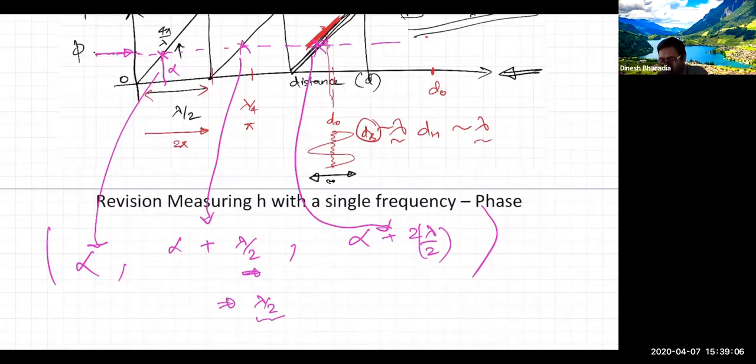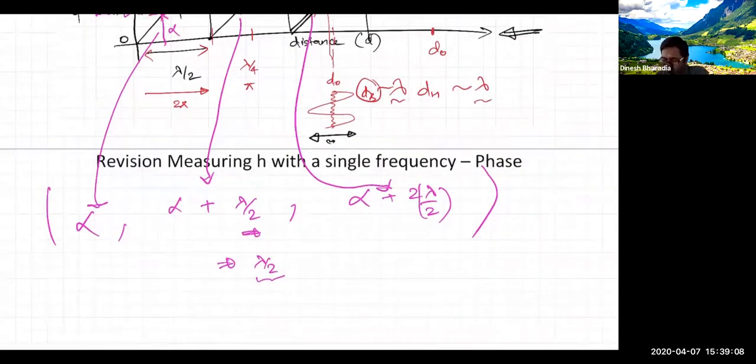Now, let's take an example. What is breathing? Breathing's amplitude, or rather distance. Breathing distance is equivalent to somewhere around 10 centimeters.